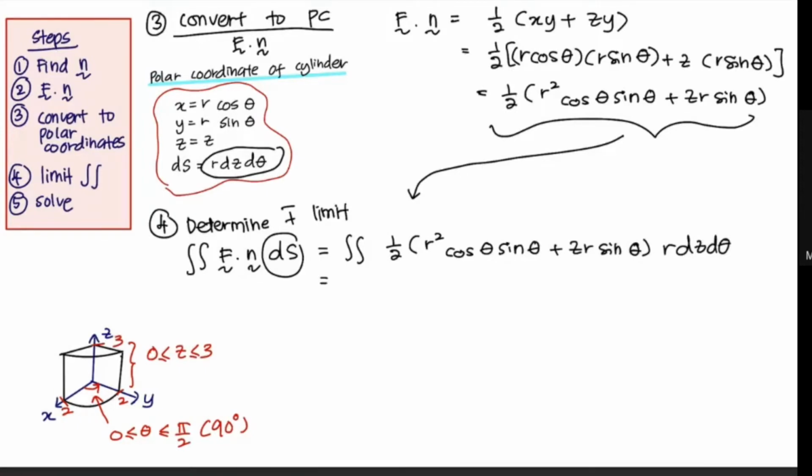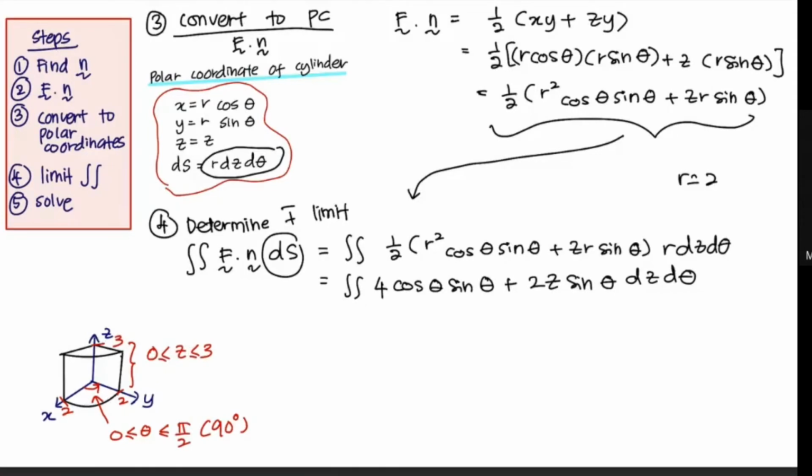Then multiply r. R here, you substitute the value. From the figure, r equal to 2. Then we get cos theta sin theta plus z sin theta dz d theta.